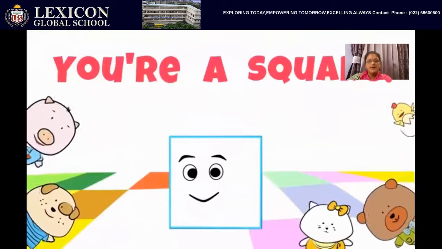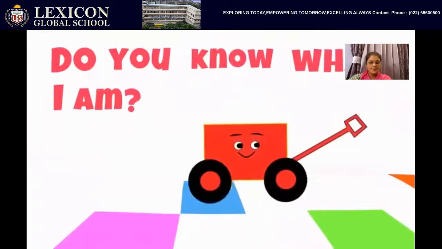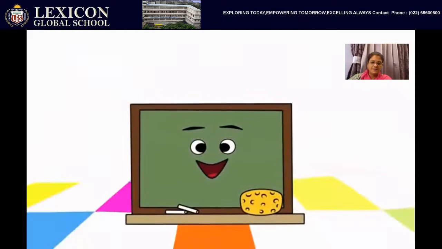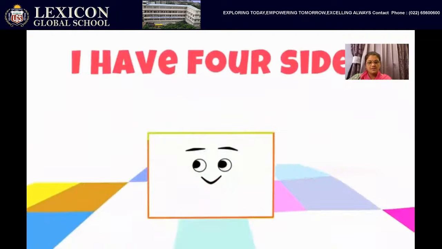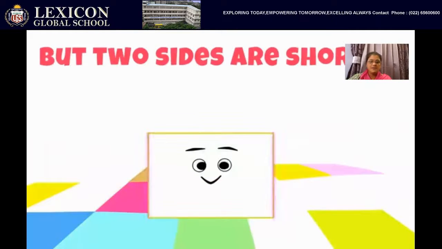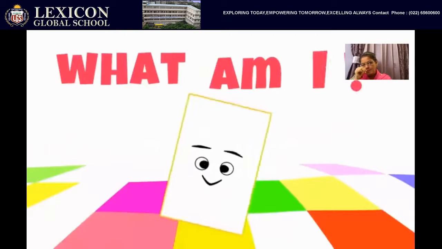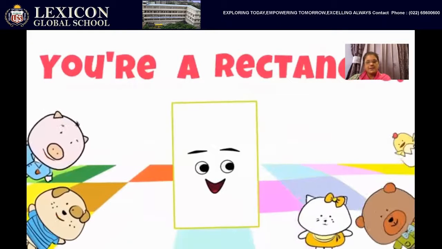You're a square. I have four sides, like a square, but two sides are shorter, and I don't care. What am I? You're a rectangle.